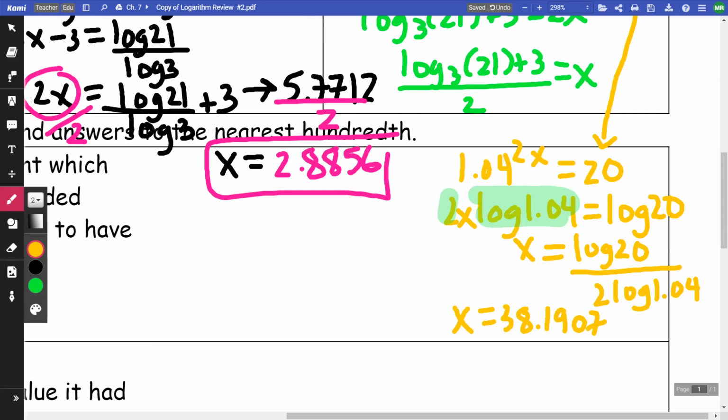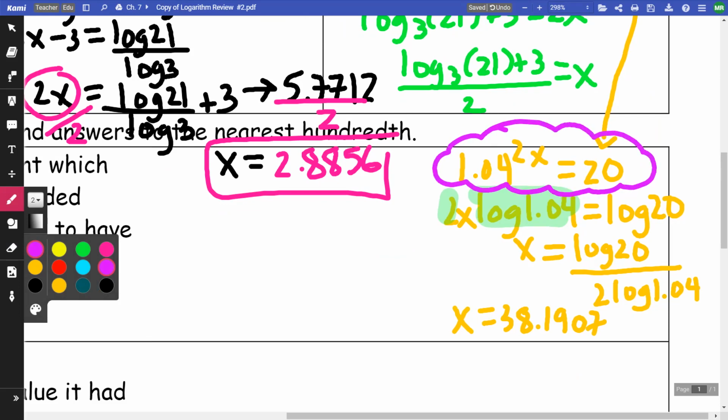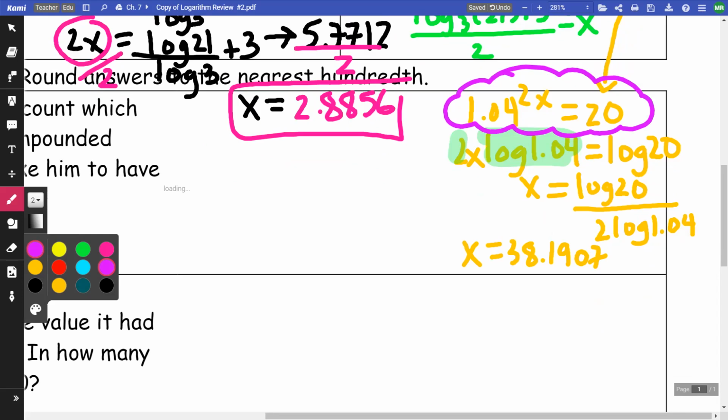Now, I could have also at this point, when I'm dealing with this, rewritten that in logarithmic form, which is going to be log base 1.04 of 20 is equal to 2x.